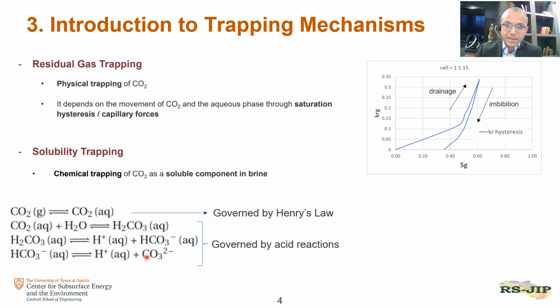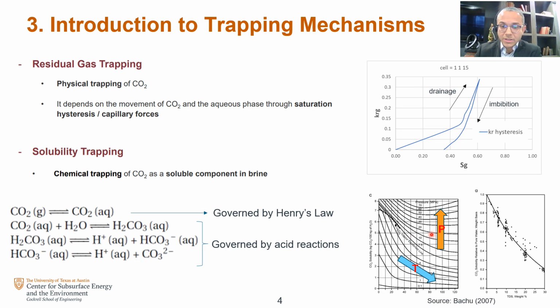As you know, this mechanism is dependent on pressure. There is a positive relationship with pressure, a negative relationship with temperature, and a negative relationship with the brine salinity. The solubility of CO2 in water decreases as the brine salinity increases. In this graph, the brine salinity is in TDS, total dissolved salts.